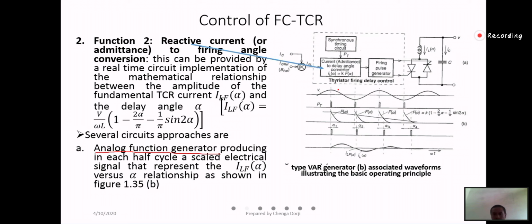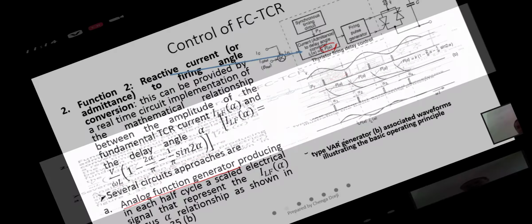By using this, you can produce this IL alpha, which can be converted to the firing angle. This firing angle is required by the pulse generator, so that the pulse can be given to the gate of the thyristor. So this is how it is triggered.